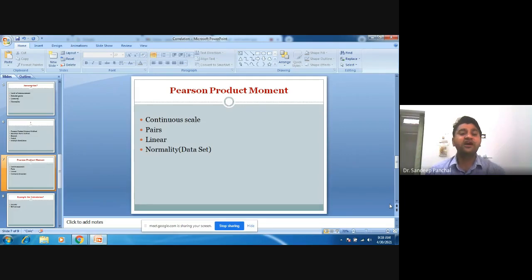Both variables have linearity in the same direction. And normality: the data set and the distribution of data should be in normal form. So these are the requirements for the Pearson product moment method.